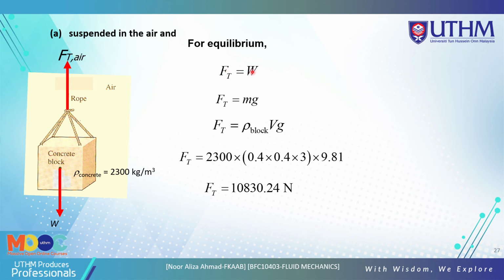So Ft is equal to W. W we can convert to m times g. We know that mass is equal to the density of the block times the volume, so W equals density times V times g. Put all the values here until you get the value of the force of this tension, the force of this rope.